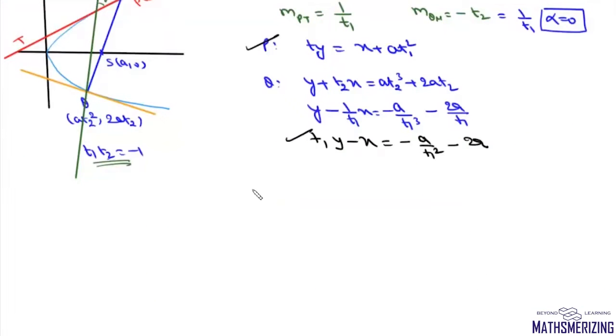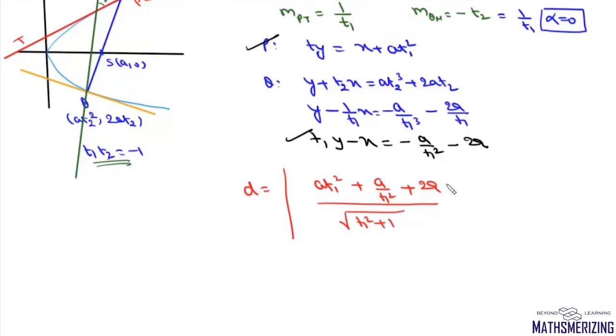Now we need to find distance between these two parallel lines. So distance between these two parallel lines will be c2 minus c1 upon under root of a square plus b square. So we can write a t1 square plus a upon t1 square plus 2a upon under root of t1 square plus 1. So we'll take a common. We can write this as a, t1 plus 1 upon t1 whole square upon under root of 1 plus t1 square.